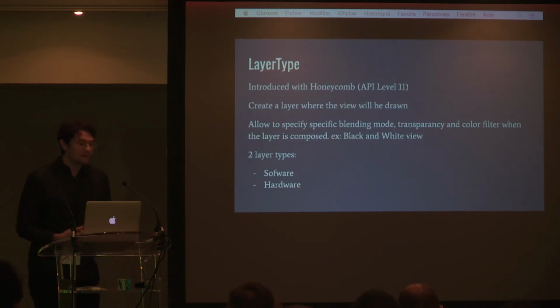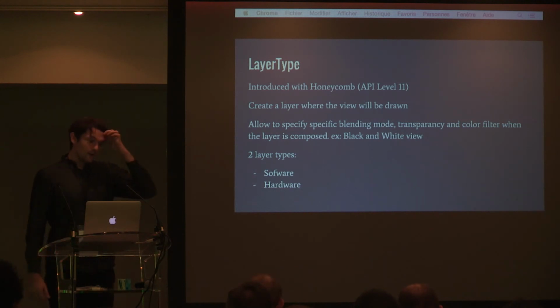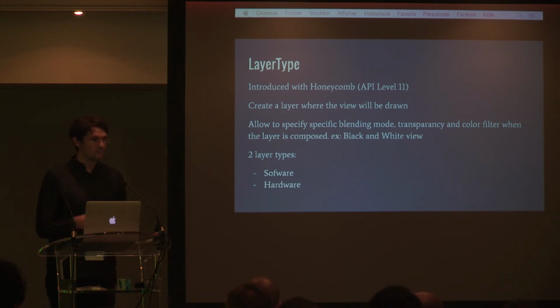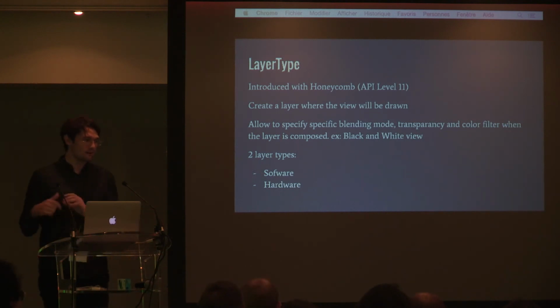What is a layer type? It was introduced at the same time as hardware acceleration, and basically is a drawing cache. Your view will be drawn on a cache of some kind, depending on the layer type, and will be rendered later.